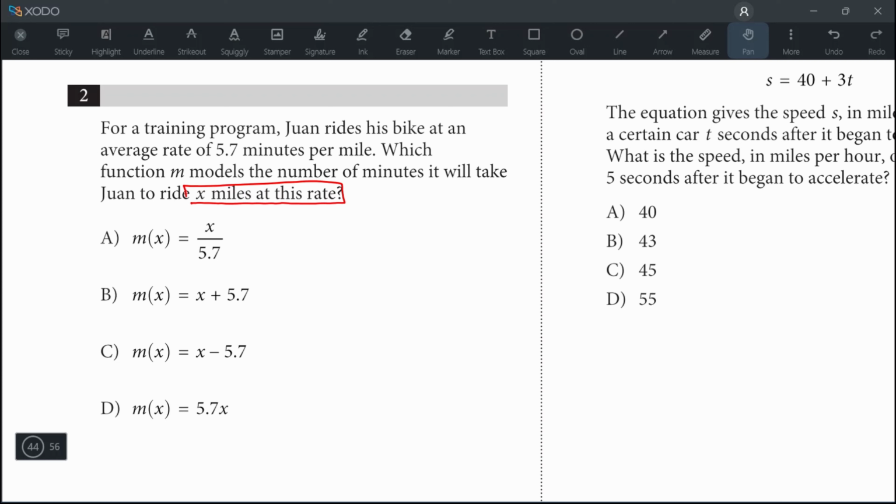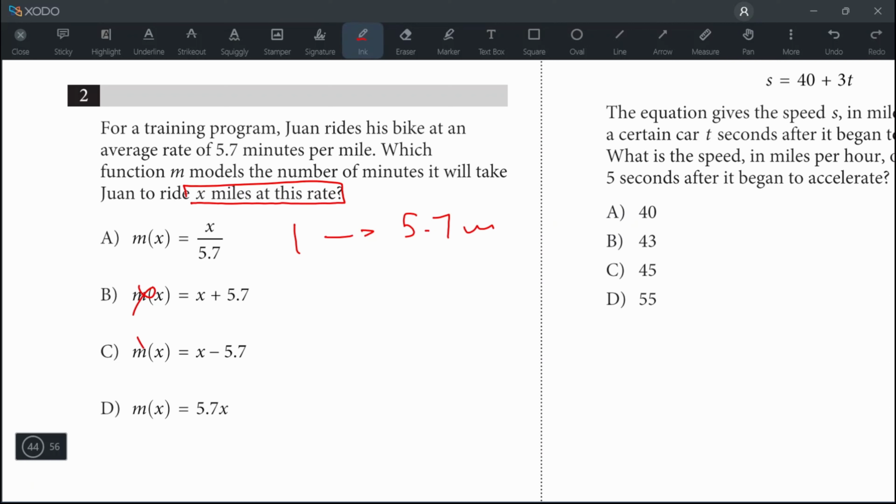So for every mile, Juan takes 5.7 minutes. So we need a function that represents this situation. And as we are given the rate here, that's equal to the slope. So which one of these represents the slope of a function?